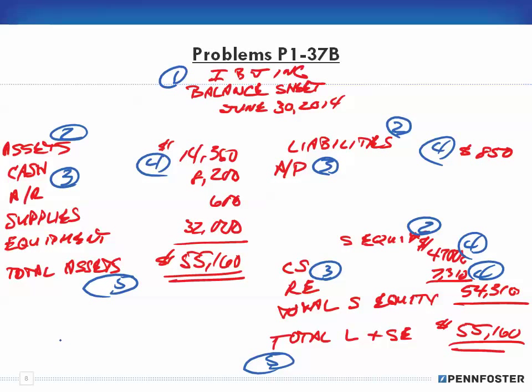Now, with that said, realize that this is simplistic. It can get much, much more complicated even on a balance sheet. For example, for those who have had accounting or have heard of it, we haven't dealt with depreciation yet.